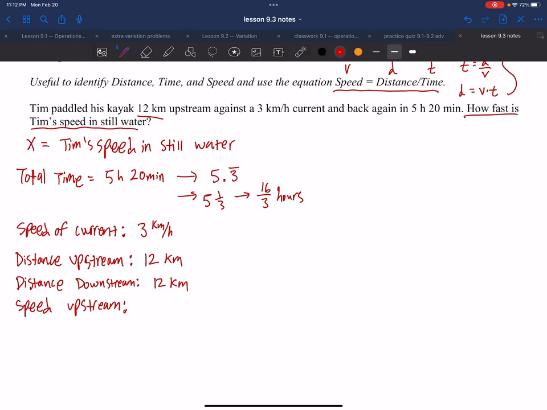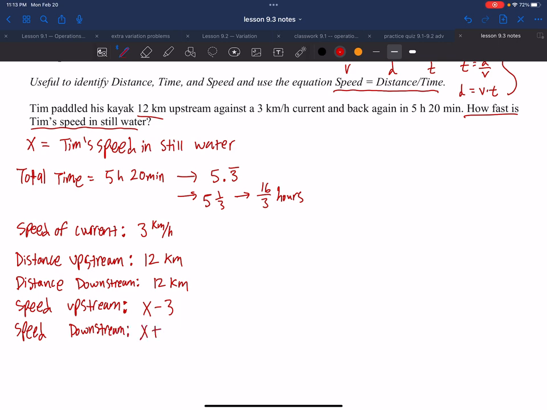So for Tim's speed upstream, the current is pushing against his speed. So it would be Tim's speed in still water, but 3 kilometers an hour of current is going to push against that, which means it's going to subtract from the speed he would be doing if he were in still water.